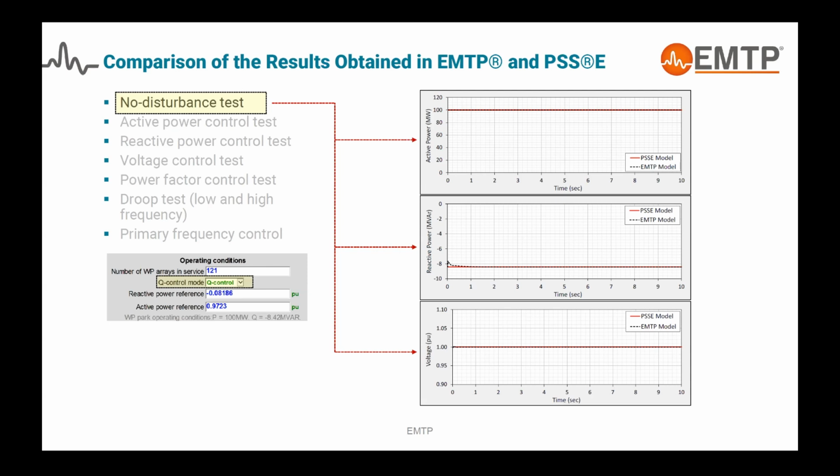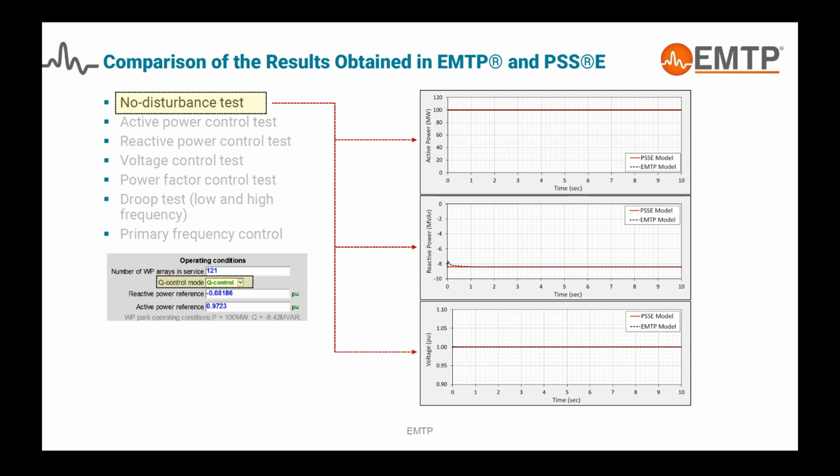Here, in terms of reactive power, in EMTP the signal reached the steady state after 0.1, 0.2 seconds, very fast, because of the way that the power flow is solved and we initialize, connecting the power plant to the grid. So this is something acceptable, right?